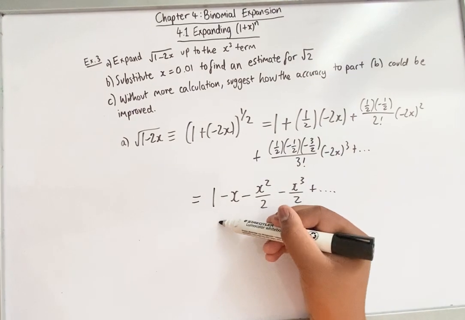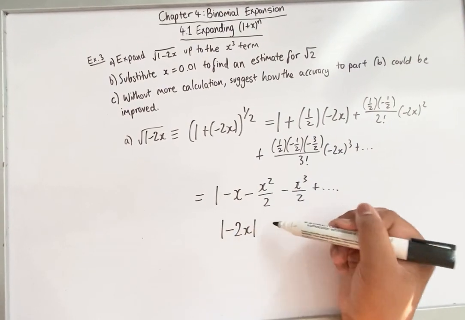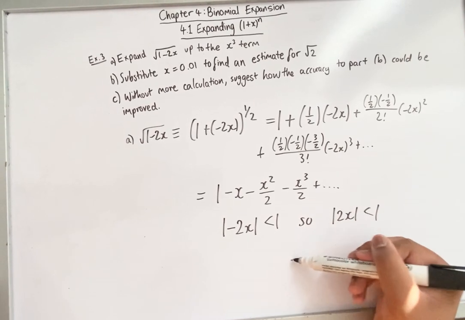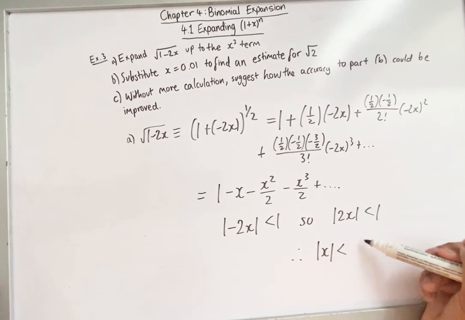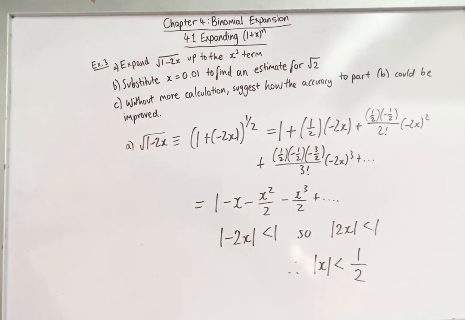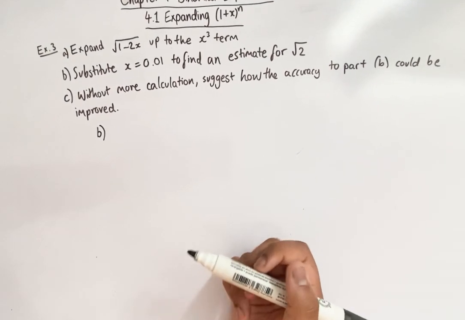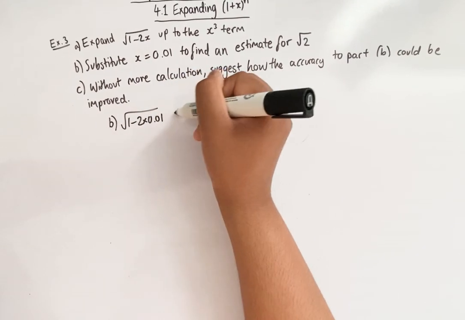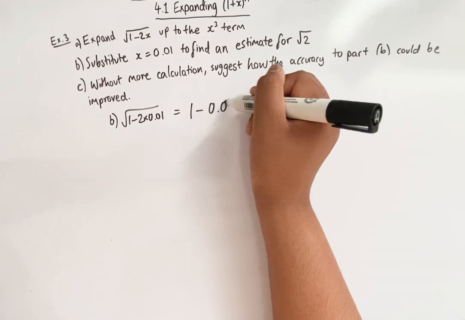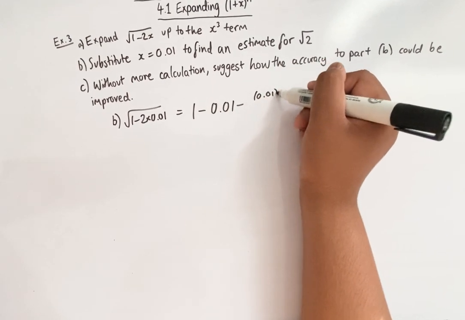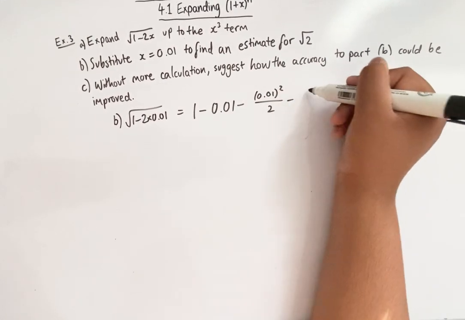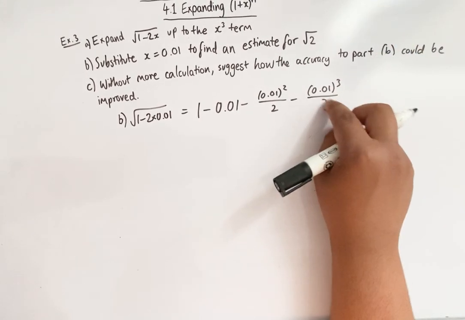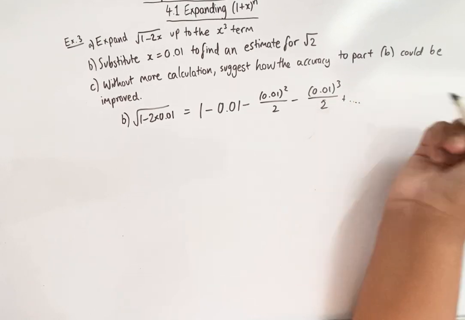This will be valid for when the modulus of minus 2x is less than 1, so the modulus of 2x is less than 1, or therefore the modulus of x is less than 1 over 2. B, when we substitute x equals 0.01, we get the square root of 1 minus 2 times 0.01 equals 1 minus 0.01 minus 0.01 squared over 2 minus 0.01 cubed over 2, and so on and so forth.